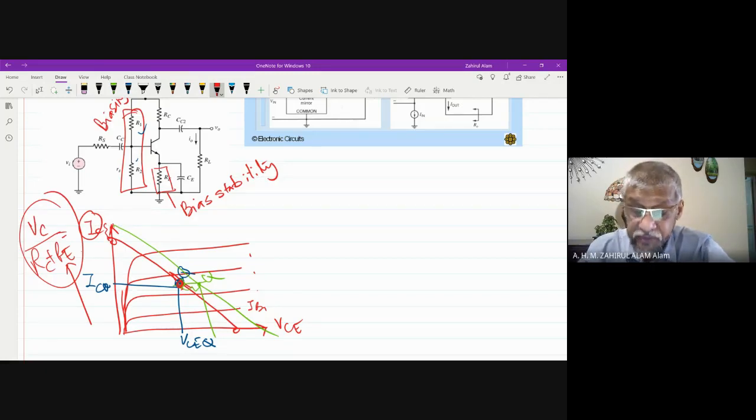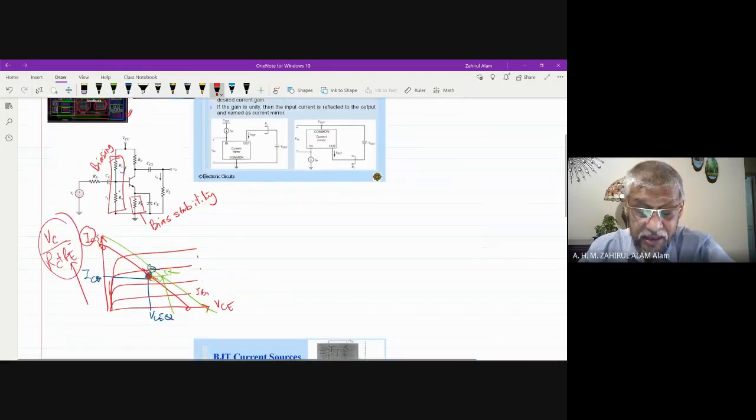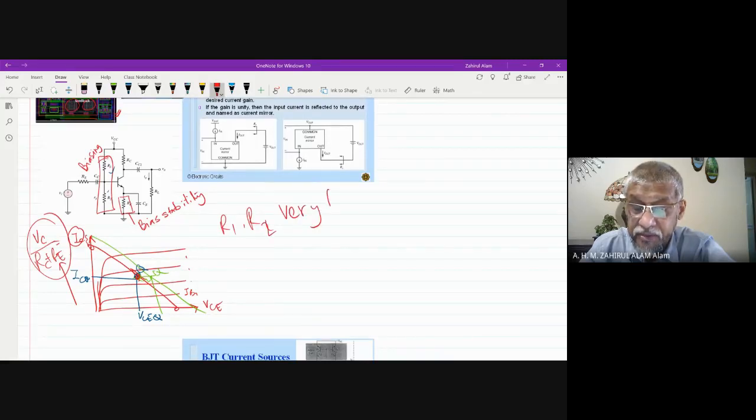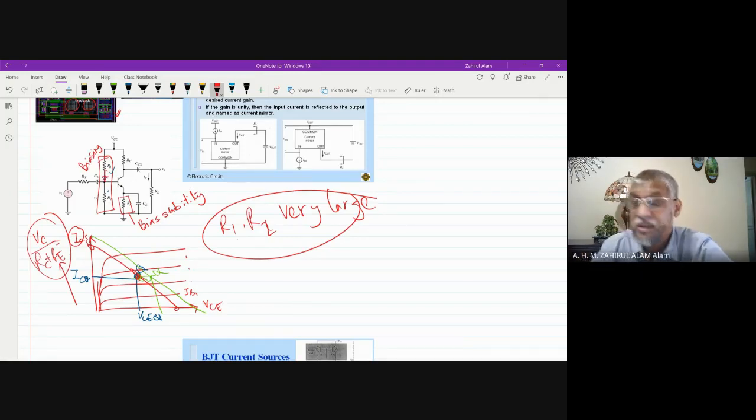So now for this, we need to make R1 and R2 very, very large, so that minimum current flows through R1 and R2, and also we minimize the power loss.